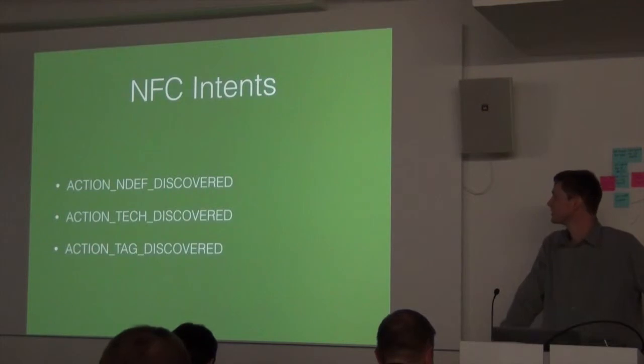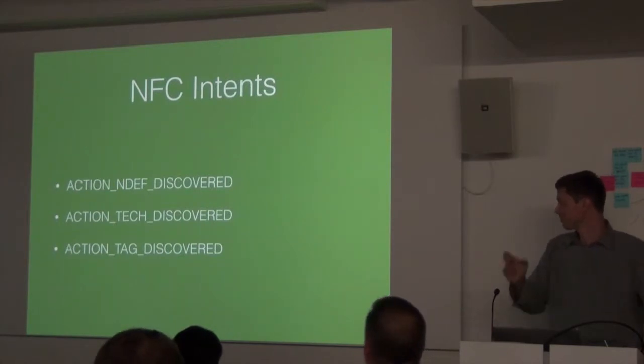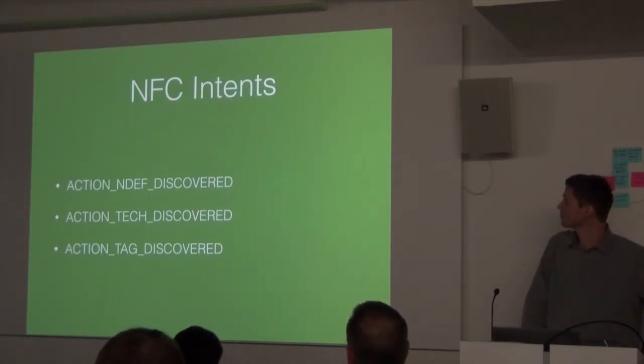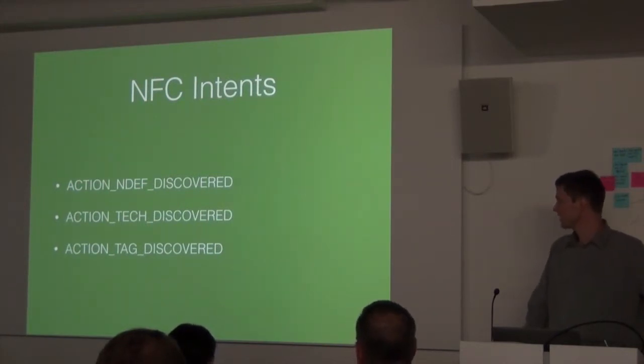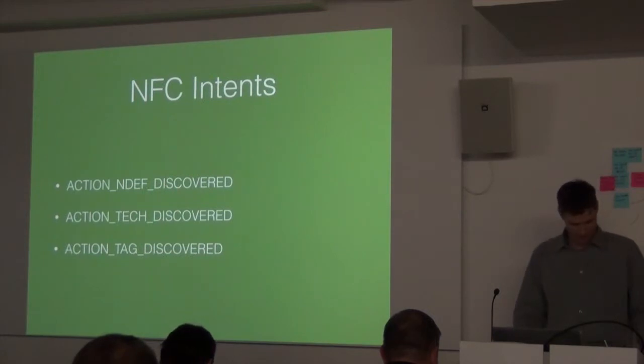An app can say that it's going to handle one of these 3 intents, and we'll get into how you can get it more fine-grained. So there's action NDEF discovered, action tech discovered, and finally action tag discovered. It goes down the list if no app can actually handle these events.